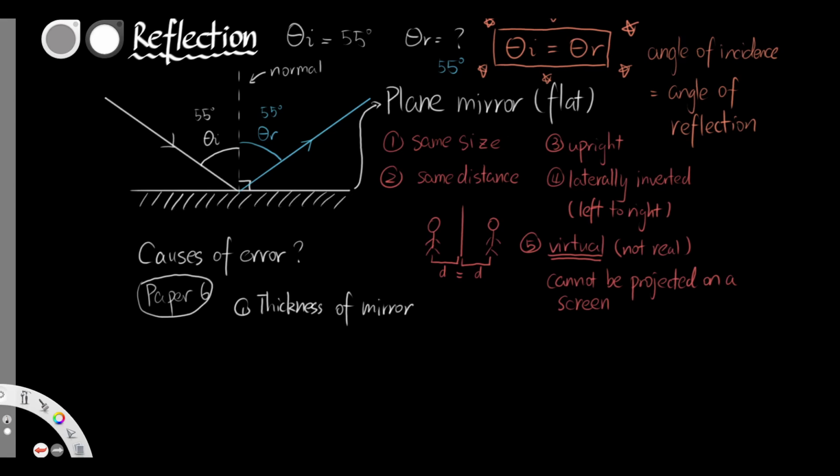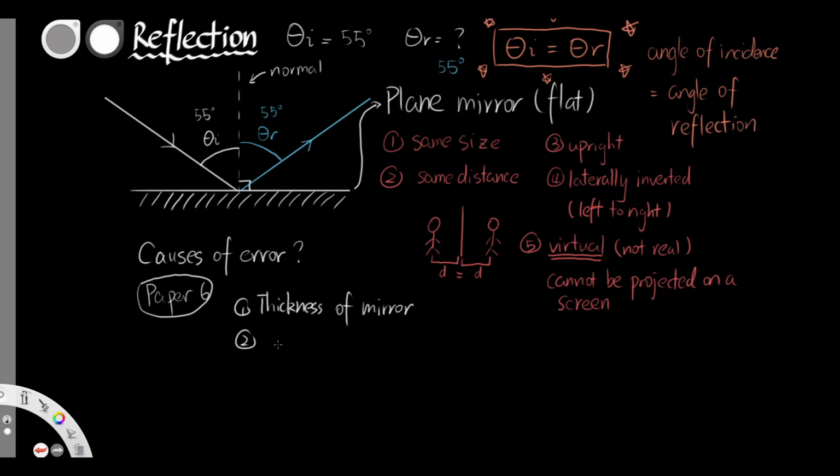But in real life, mirrors have width, so you might get a mirror that looks something like this, and then it probably has a little stand behind it. Anyway, it's going to have thickness, so you can't exactly tell whether the mirror is exactly on this line when you place it in a practical. So the thickness of the mirror might be one of the causes of error.